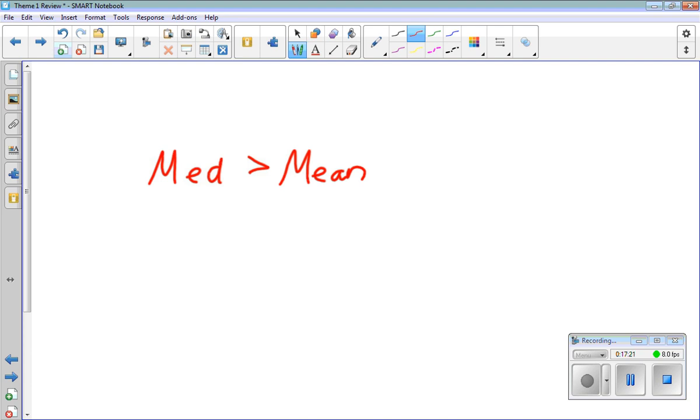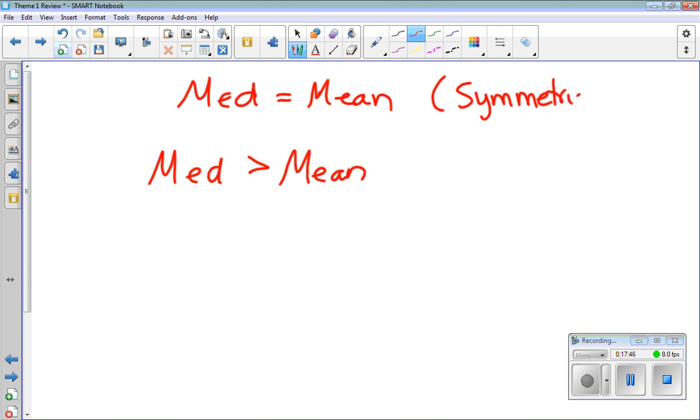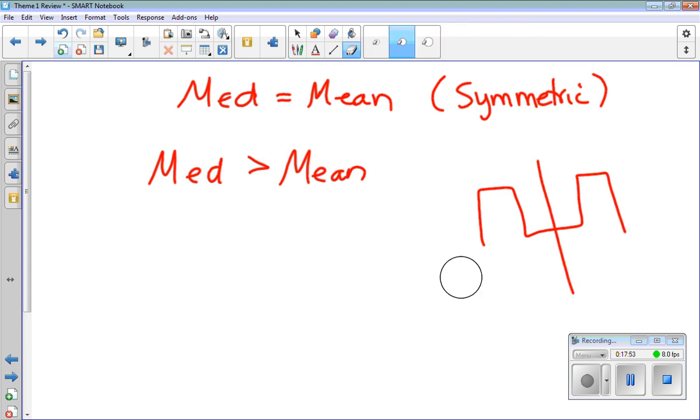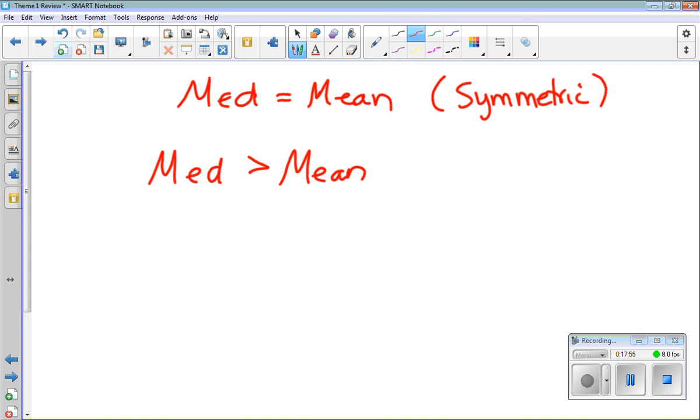Well, let's go backwards. If the median is equal to the mean, what shape is it going to have? Symmetric. We don't know if it's normal. We just know it's symmetric. It could look like that, and that's symmetric, isn't it? Okay, so if the mean and the median are equal, it is symmetric.